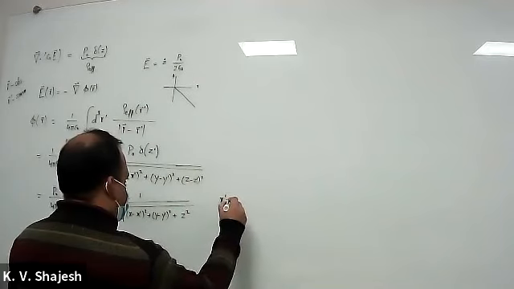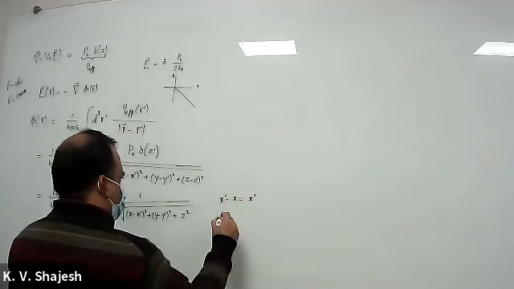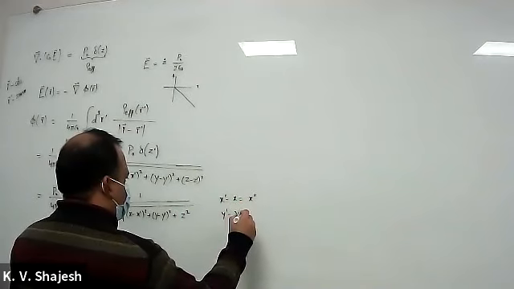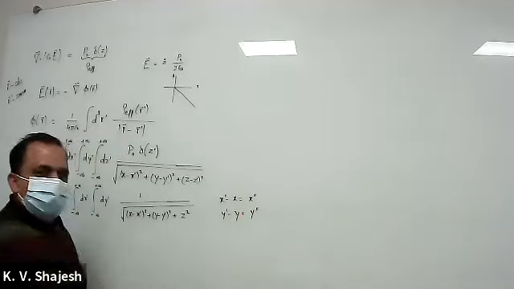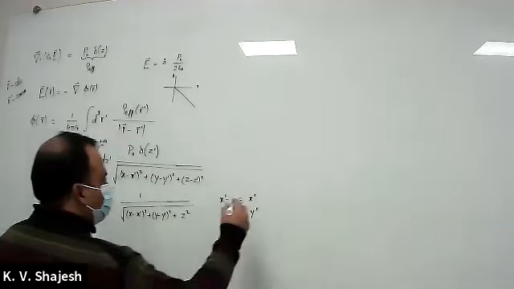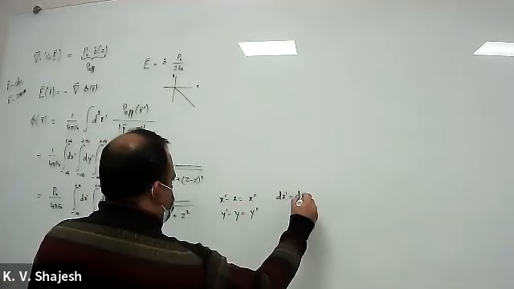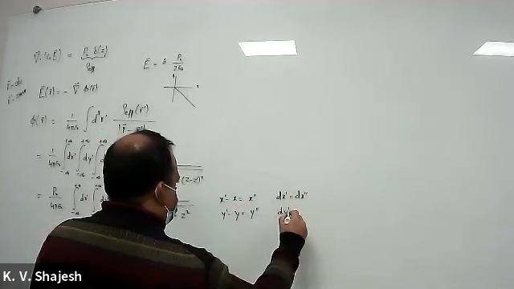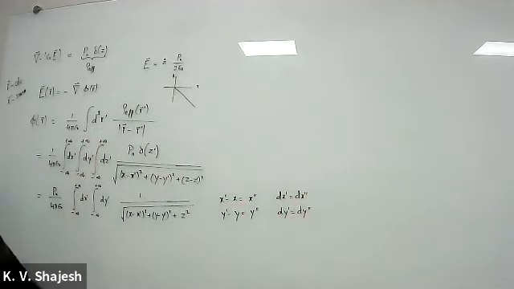So x prime minus x, let me call that x double prime. And y prime minus y, let's call that y double prime. In that case, dx prime is the same as dx double prime, and dy prime is the same as dy double prime. And the limits do not change. Right? And you will notice, and I do that.